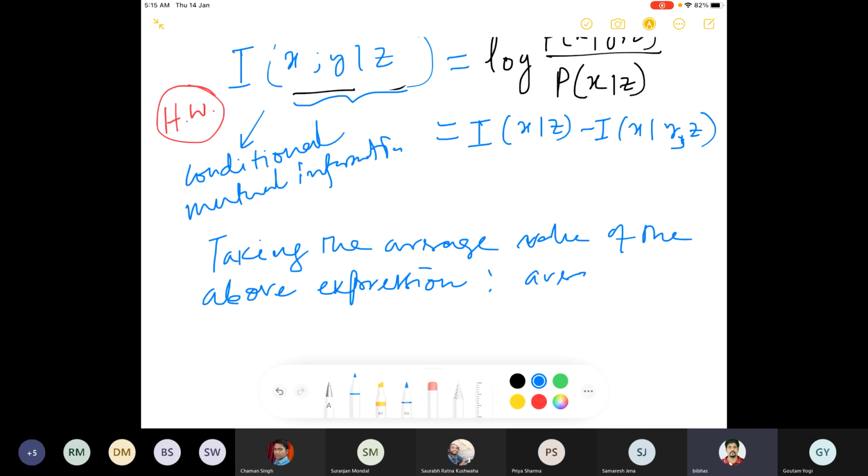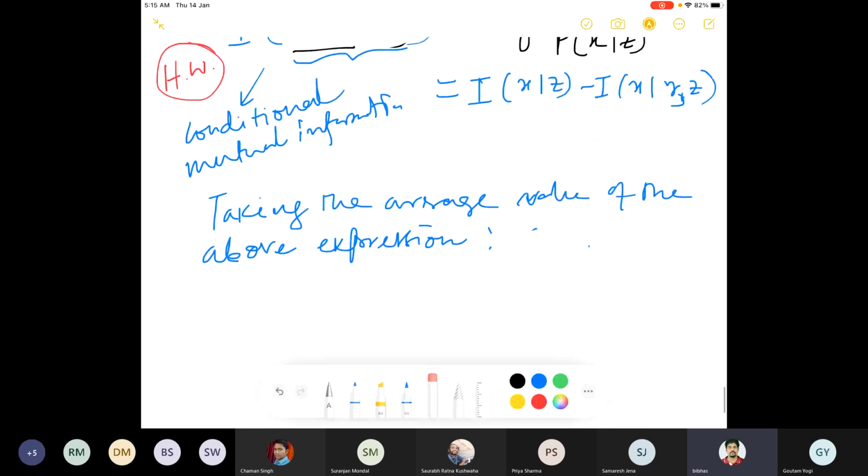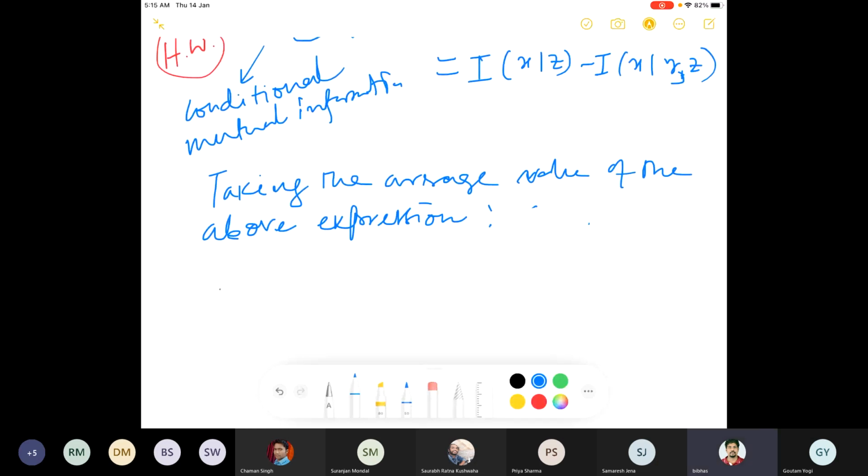This can be called the average conditional mutual information, right? So what do we get? What I'm supposed to get is the following, and then you tell me whether it's true or not.